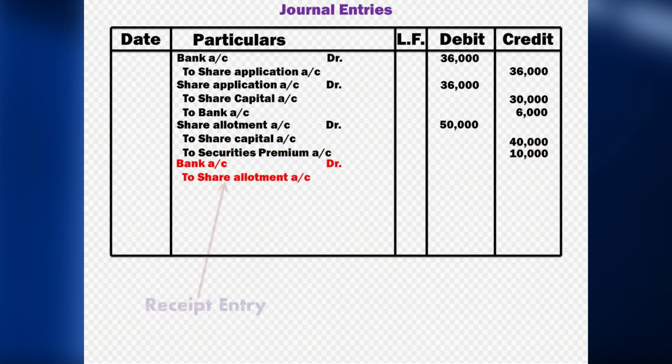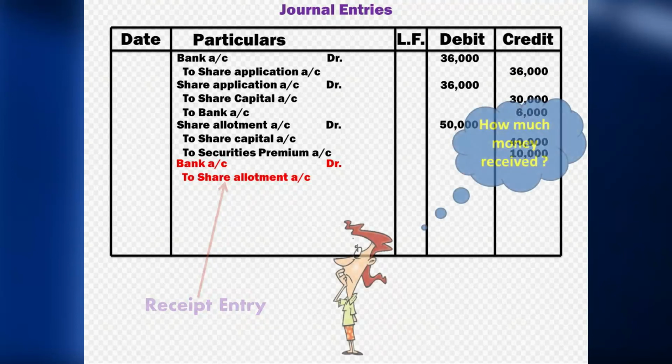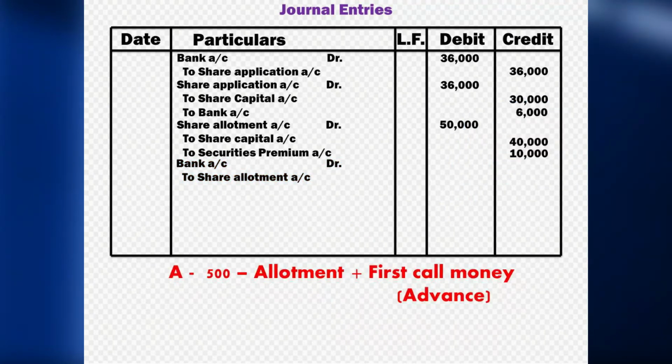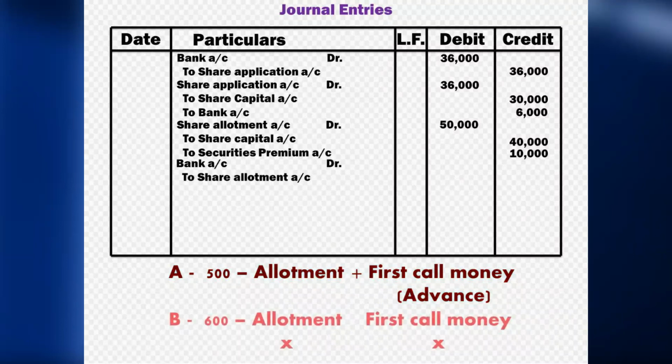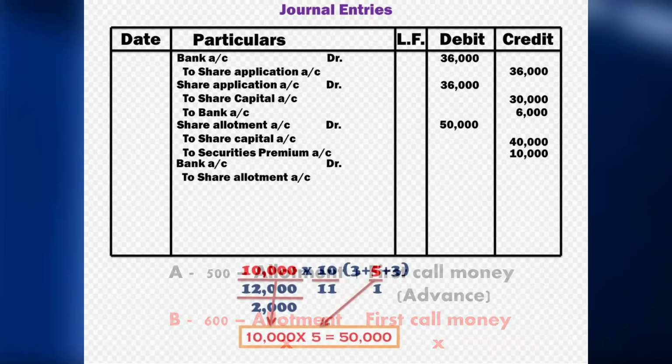So how much money we are going to receive at this time? We have already received advance money for first call, and one shareholder couldn't pay the money on 600 shares. So the amounts will be 50,000 plus 1,500.